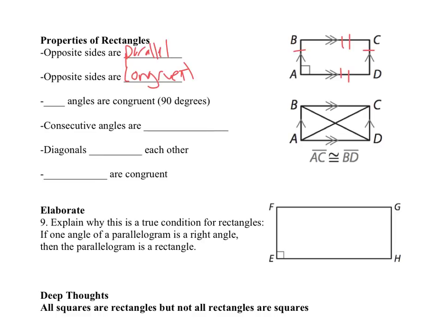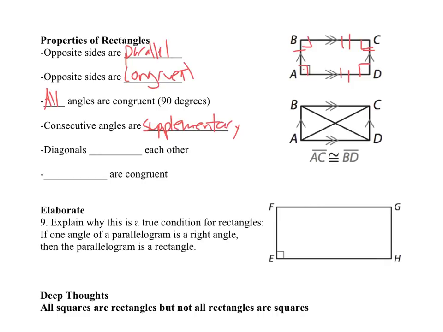Then we know that all angles are congruent, which means they all have 90 degrees, so 90, 90, 90. And consecutive angles are supplementary, meaning they add up to 180, so we already saw that with the parallelogram. Since they're both 90, it's pretty straightforward, 90 plus 90.